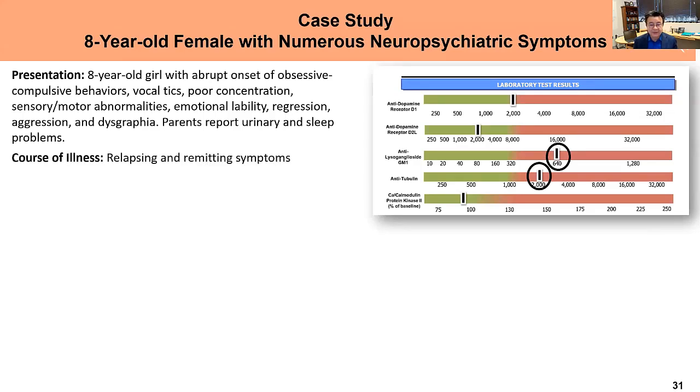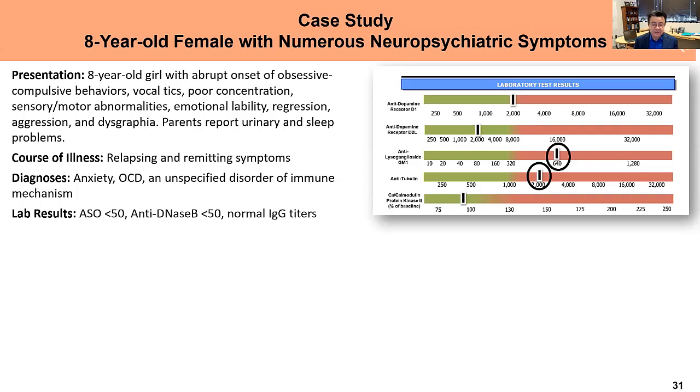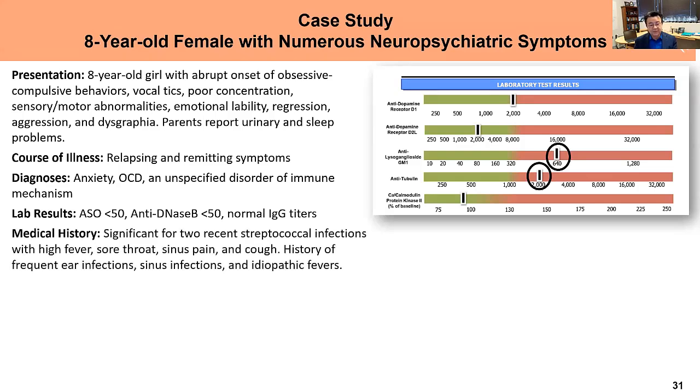She had relapsing and remitting symptoms, anxiety, OCD. She also, interestingly, was negative for ASO, anti-DNase B, and normal IgG titers. So one thing that they weren't able to find is what is the underlying infection, at least in this particular lab result. Maybe it wasn't strep, or strep can be found in other orifices of the body.